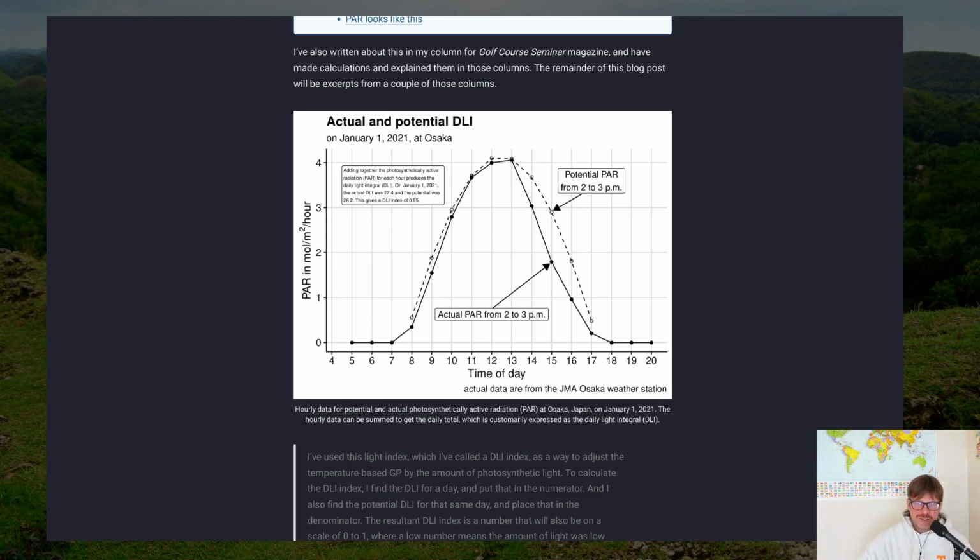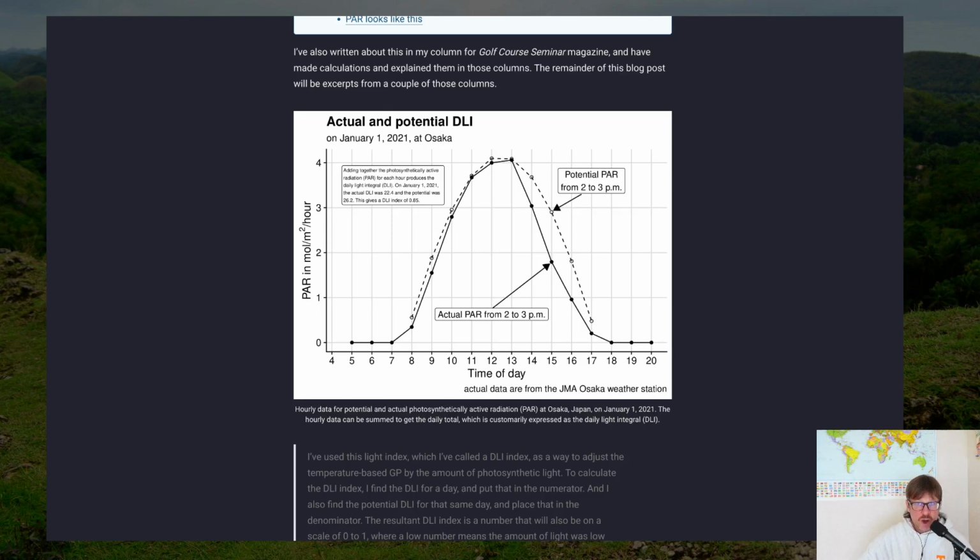And we need to consider the scale of the numbers. January 1st, okay, it's early winter, but it's just after the shortest day of the year. It's a time of year when there's not very much light, but the actual DLI was 22. The potential DLI was 26.